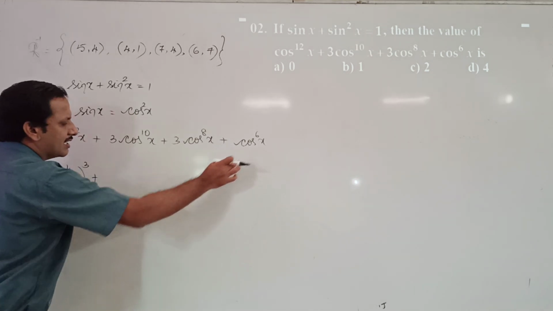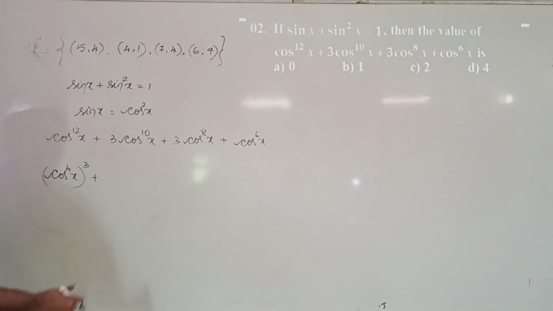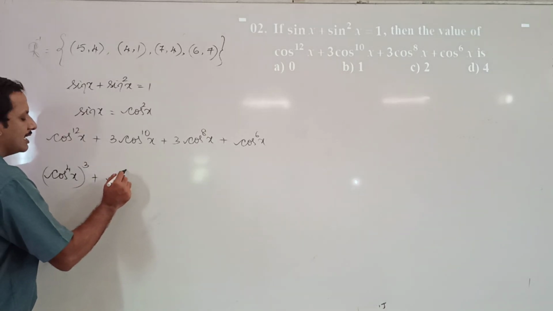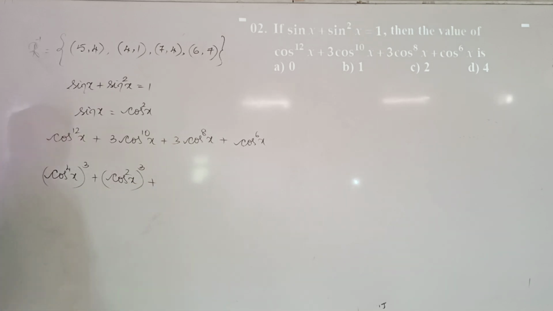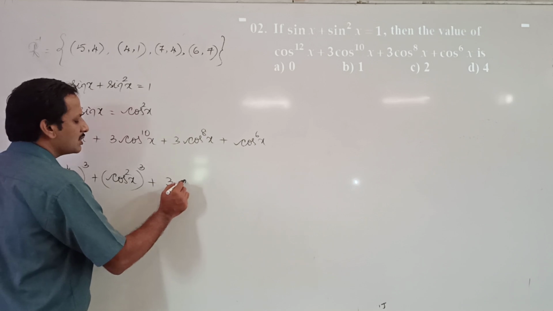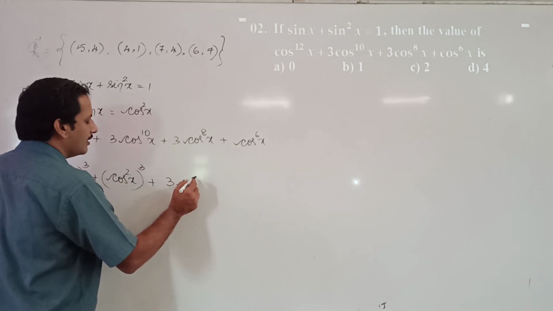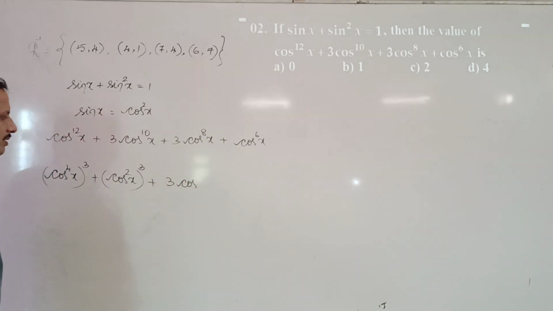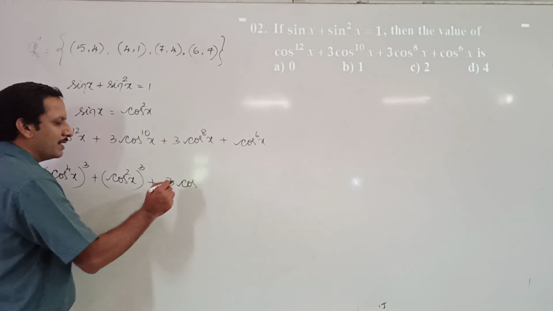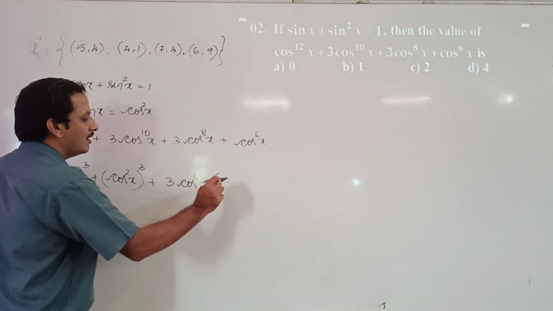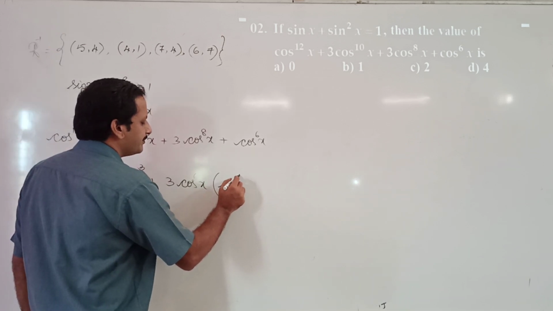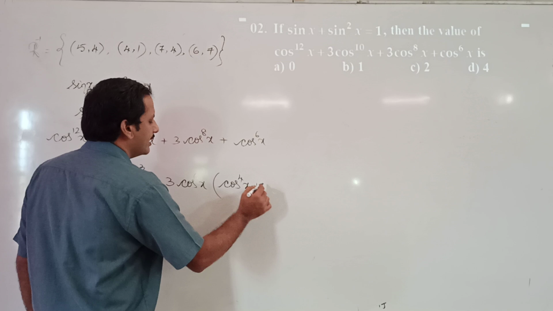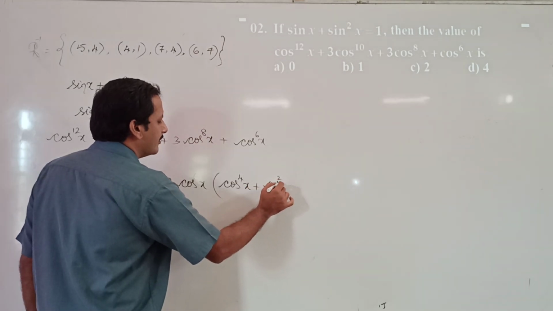Then I will write this term cos power 6x as cos square x whole cube. Plus here I will take 3 cos power 8x as common, or instead of that I will take 3 cos power 6x as common. Then what will remain? Here cos power 4x will remain plus here cos square x will remain.